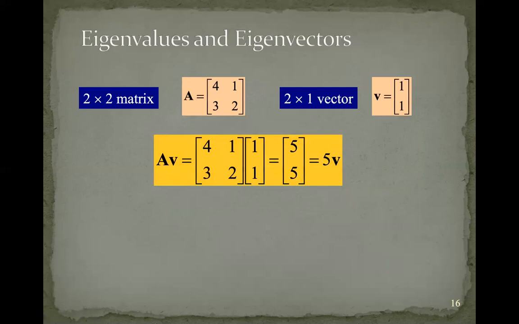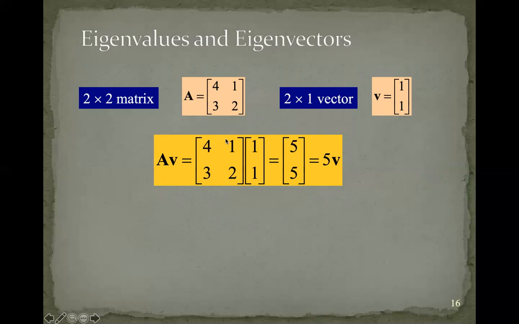Let's look at some real numbers. For example, we have a 2 by 2 square matrix with entries 4, 1, 3, 2. Assume we have a 2 by 1 vector with contents 1, 1. If I multiply this matrix to that vector, I'm doing a linear transformation of the vector 1, 1. A 2 by 2 multiplied to a 2 by 1 vector gives a 2 by 1 vector as a result.